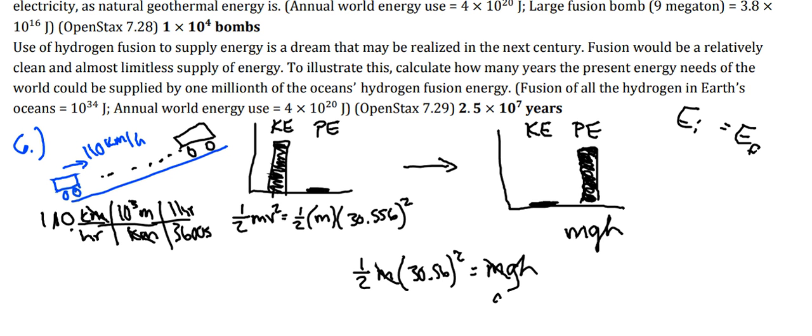Gravity is 9.8. Let's square that number, 466.8. Then we divide by 9.8. And we get the height equals 47.6 meters.